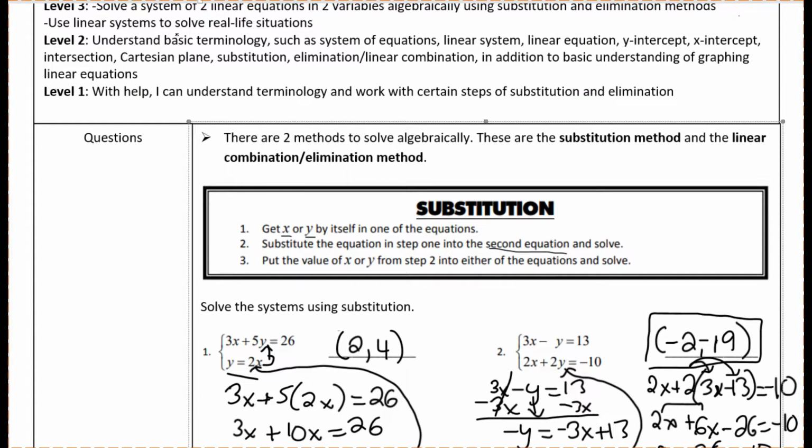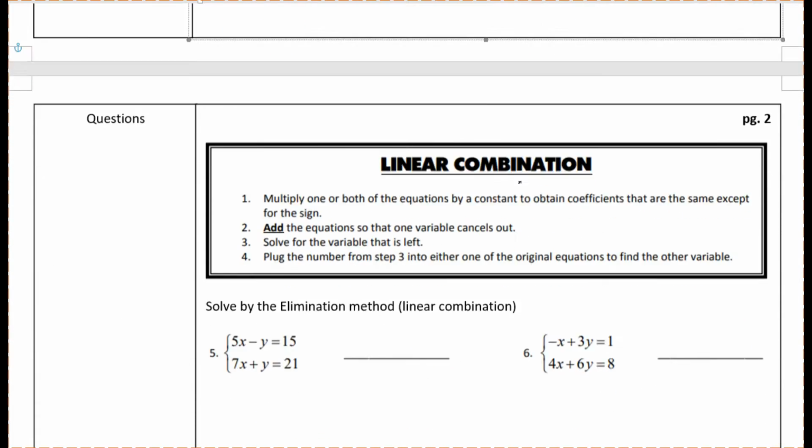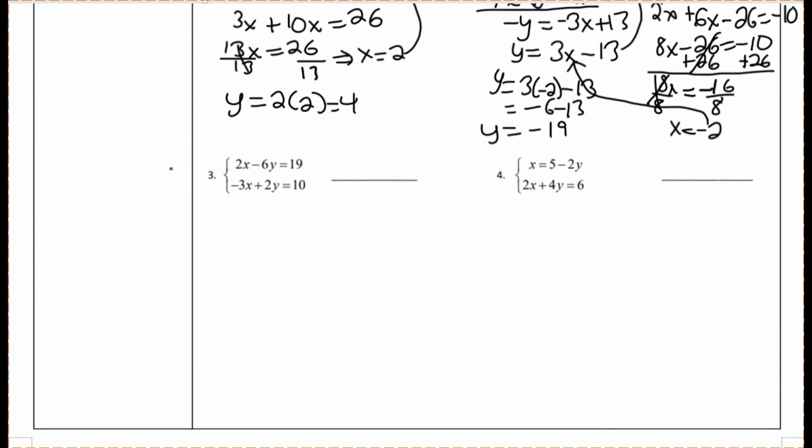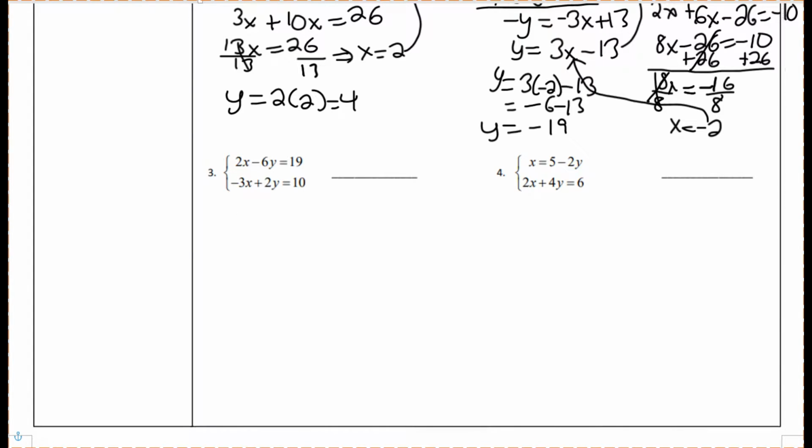I'm going to rewrite the top equation. So if I do that, I get 2x minus 6y equals 19. All right, so I need to solve for x here, so I'm going to get rid of the 6y term by adding it on both sides.